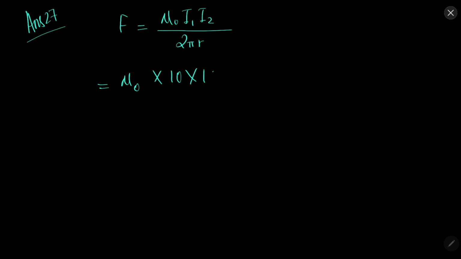Solution 27: the force will be mu naught I1 I2 over 2 pi r, with mu naught as 4 pi into 10 to the power minus 7, and 10 into 10 over 10 to the power minus 2.